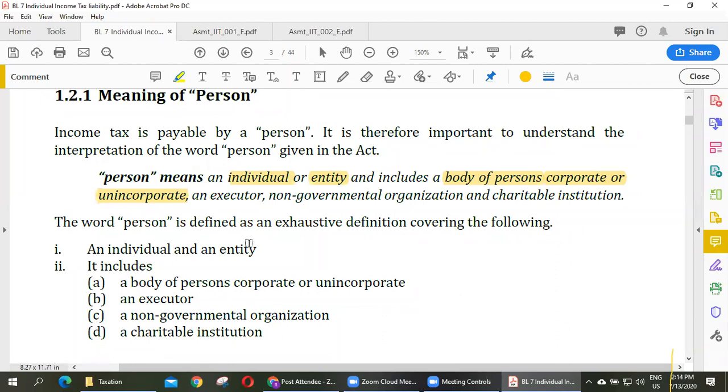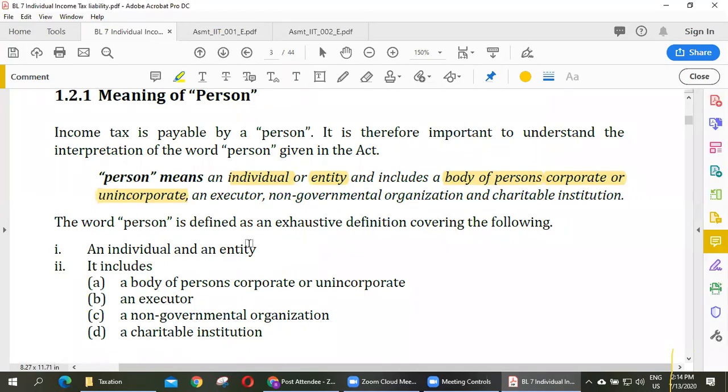Individual means like you and me, Mr. Kamal, Anand, like that. Entity means an organization. People and organizations. The organization includes a body of persons, a group of people, maybe incorporated or unincorporated. Some of them are registered, some unincorporated, like NGOs.